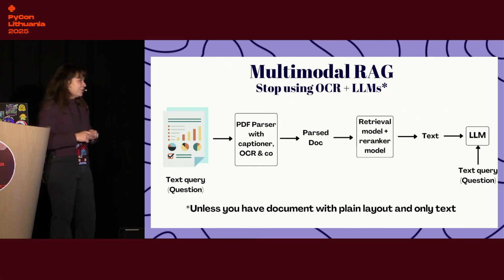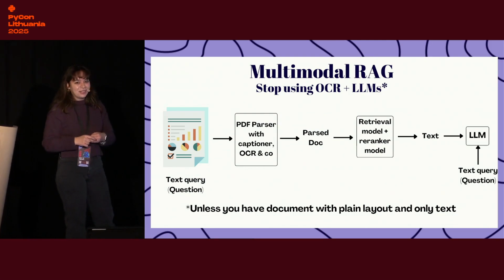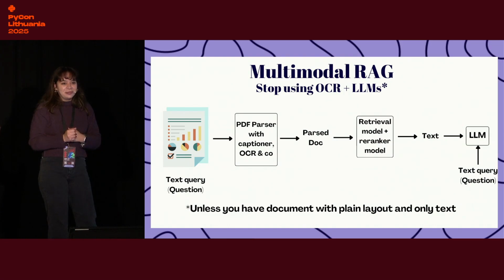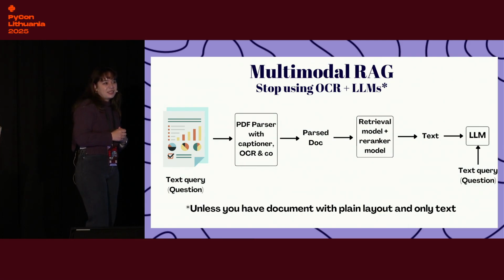And coming to multimodal RAG that I was talking about so much. So normally, how do you do your RAG pipelines? How many people in here have used a PDF parser, OCR to render their documents? Can I see? Docling, okay.